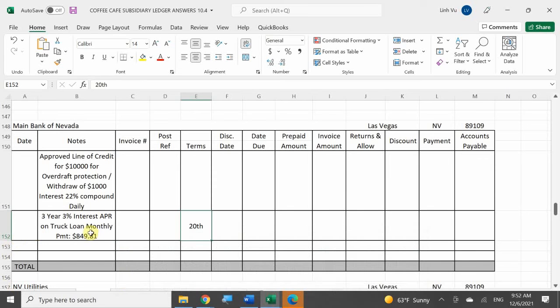Okay? Now, of course, invoice number, you could put your account number here. So I believe this account number was, I'm going to put account so you know this. Because the account number is what you are going to be using to pay off the loan. So 98765, I think it was.